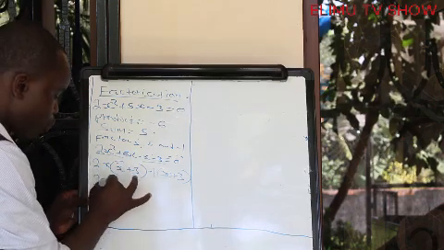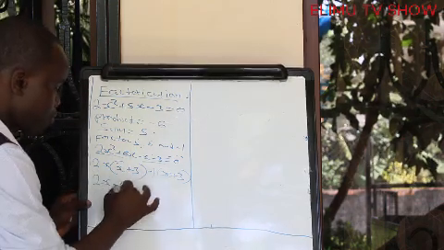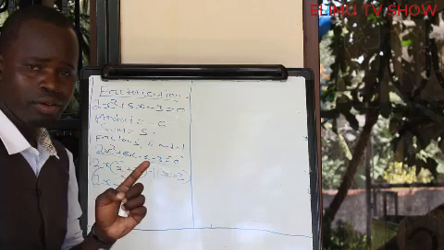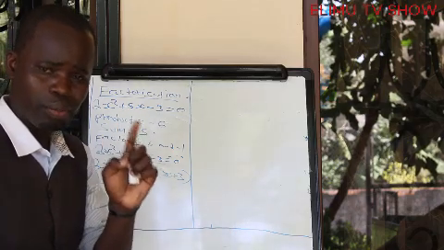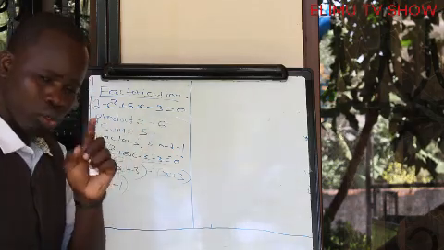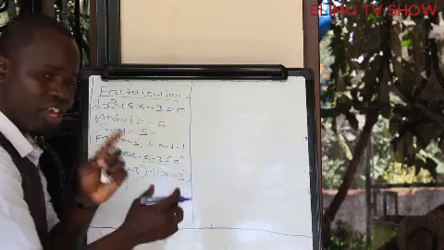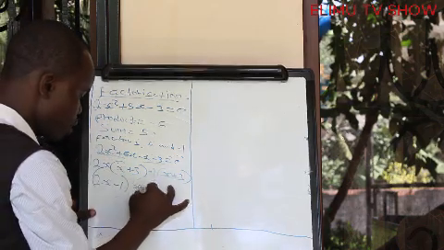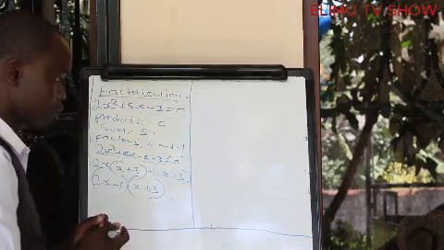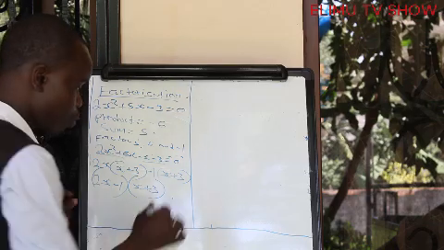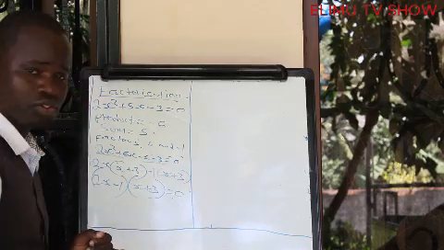So we are going to have 2x minus 1, you close the bracket, then you take what is in the bracket, one bracket, which is x plus 3. So we have x plus 3. Once you've reached this point, everything must give us 0.